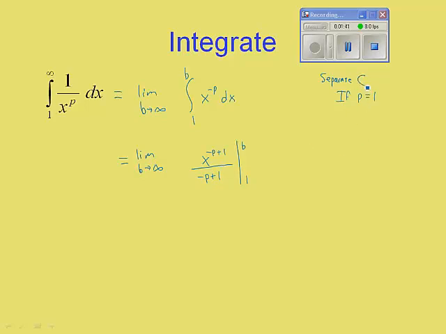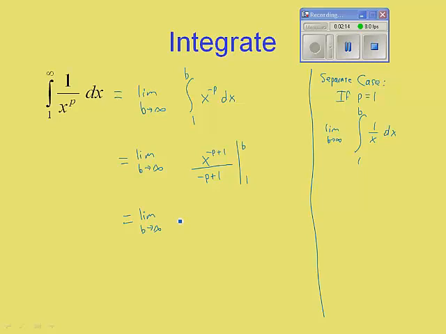If p equals 1, a separate case, we're integrating from 1 to b, and doing the limit as b goes to infinity, 1 over x dx, right? That's a special case I'll do on the side. But other than that, we've got it. We have a formula here. So this equals the limit as b goes to infinity.